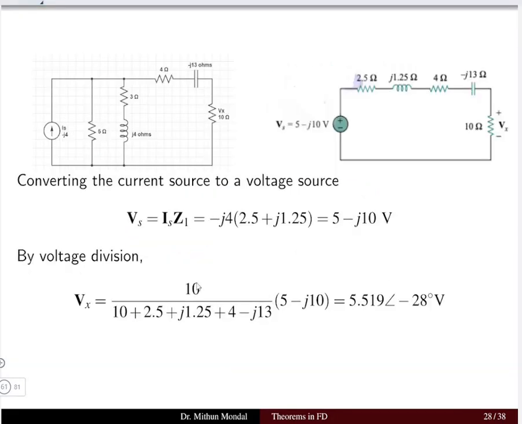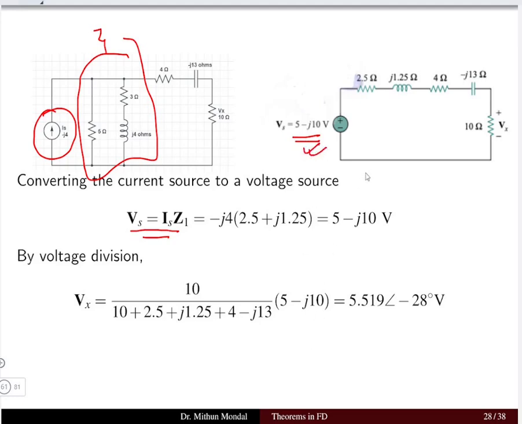After that, we get a new circuit where we have the parallel combination of these two as Z1 and a current source, for which I can get the equivalent voltage source in series with the impedance. So the voltage is equal to Is into Z1. So I will be getting a voltage source and then I can convert that into its equivalent impedance Z1.